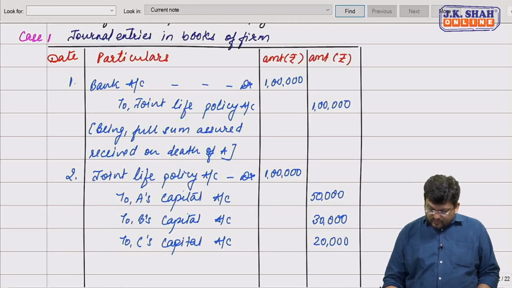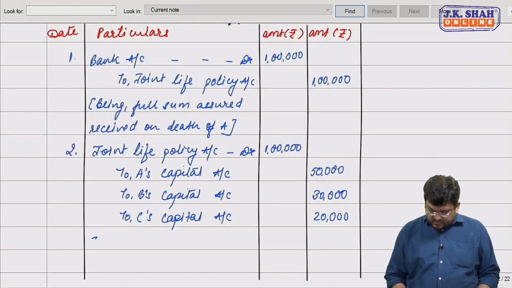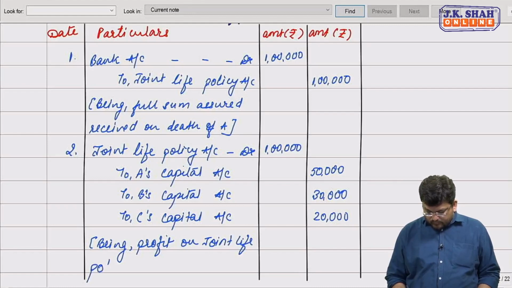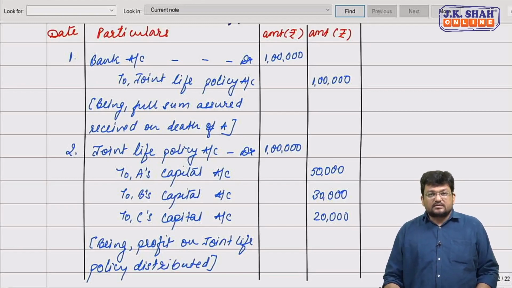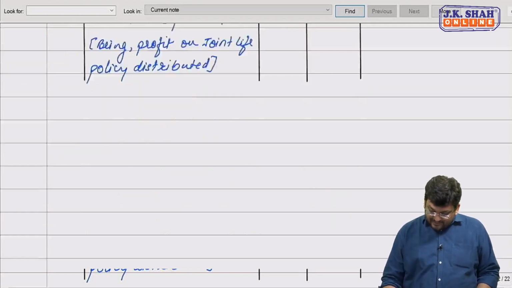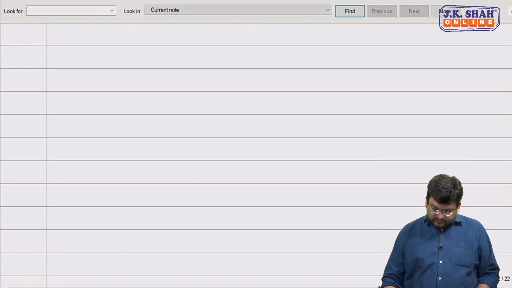So the entire amount of the policy will be now distributed among partners, being profit on JLP, profit on joint life policy distributed among partners. Correct? Yes, sir. Come to case 2, friends. Second case.